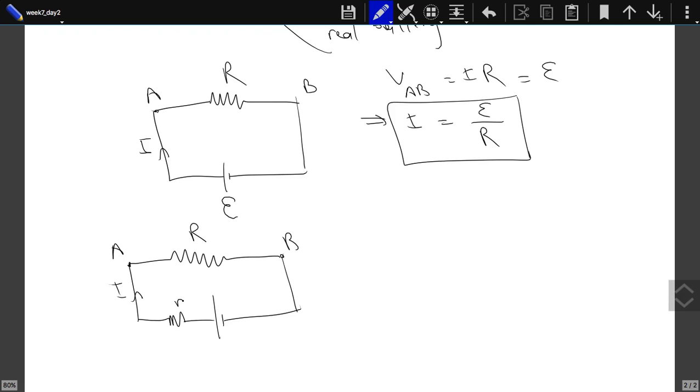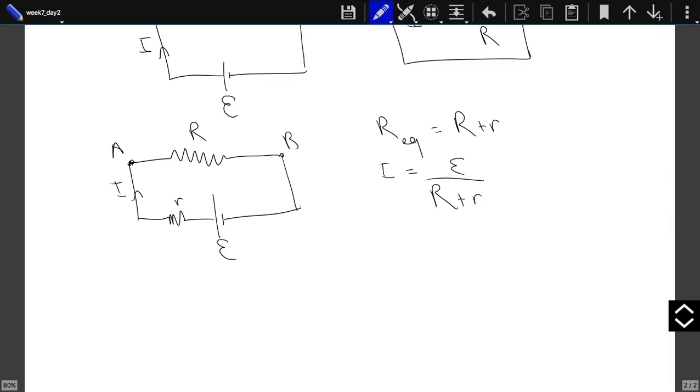This is large R, this is small r. Now, we already know that the equivalent resistance, which we had already studied, is the sum of these two resistances. So the current running through our system is, in fact, epsilon over R plus r.